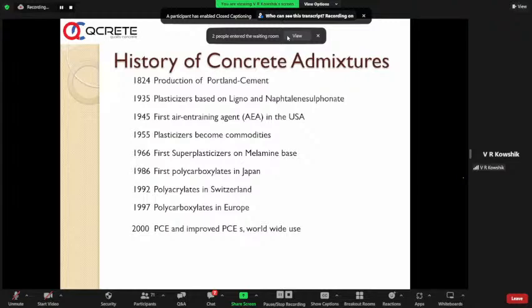In 1986, a Japanese scientist, when making an attempt at high performance concrete, started using polycarboxylates. Then we got polyacrylates, polycarboxylates, and then the latest base, which has almost changed the way concrete is done, not only in India but elsewhere around the world. This PCE based admixture came into existence.